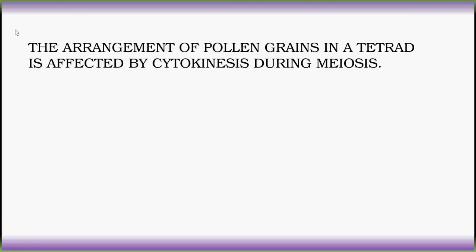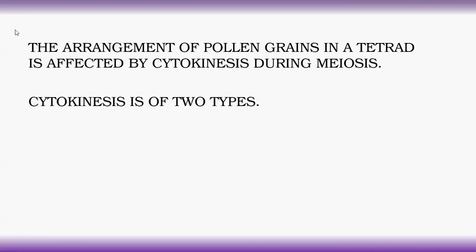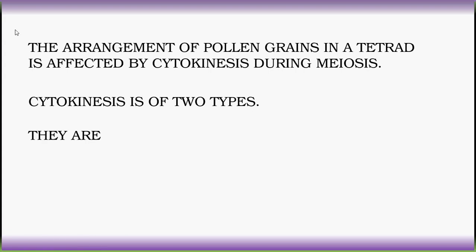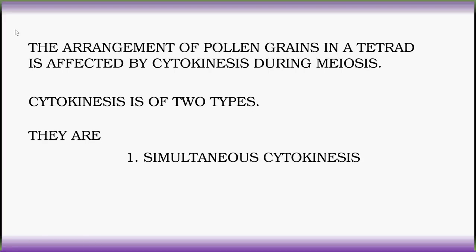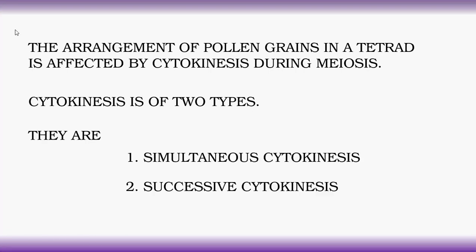The arrangement of pollen grains in a tetrad is affected by cytokinesis during meiosis. Now what is meant by cytokinesis? Cytokinesis is nothing but division of cytoplasm. The cytokinesis is of 2 types. They are simultaneous cytokinesis and successive cytokinesis.